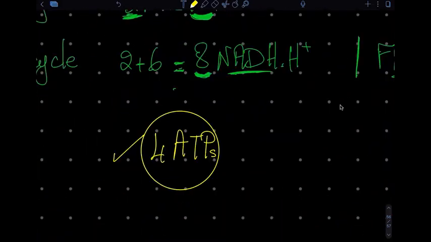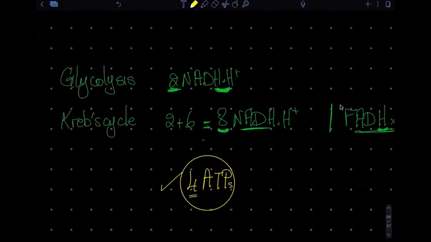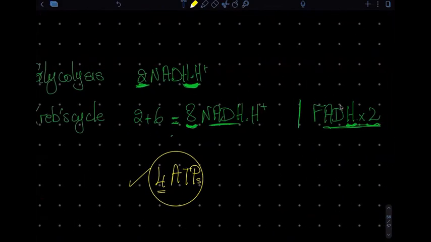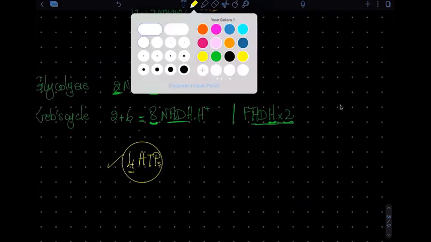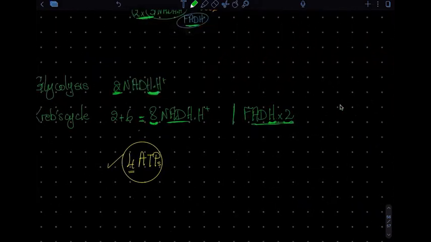So I've got 4 ATPs before I get into the electron transport chain, before I use the hydrogen attached to the hydrogen carriers. So how many NADH do I form from both the glycolysis and the Krebs cycle?